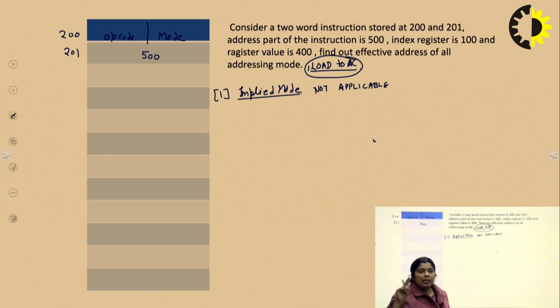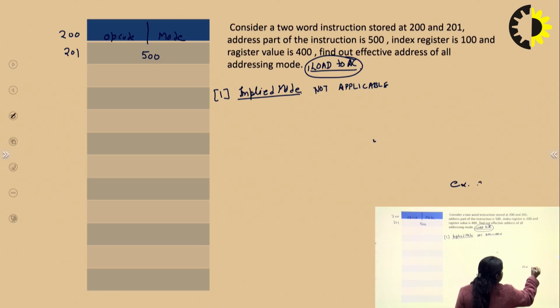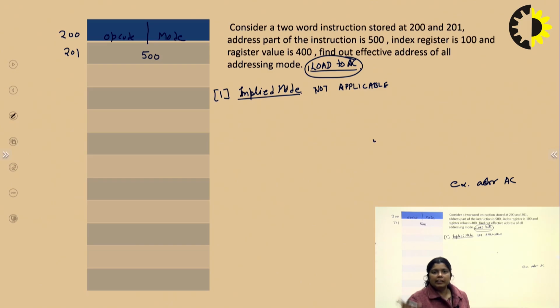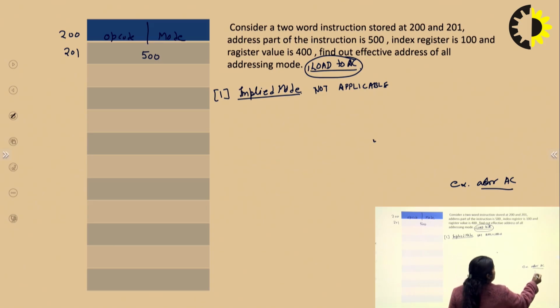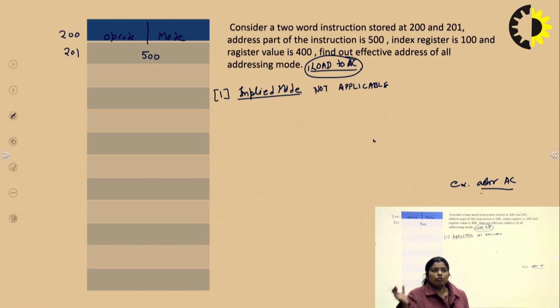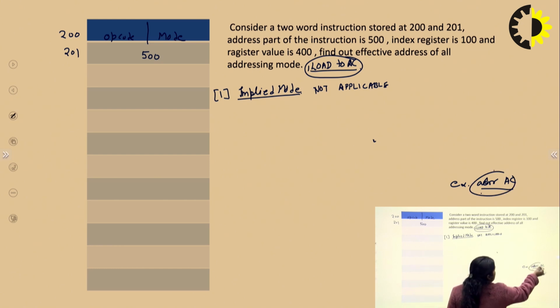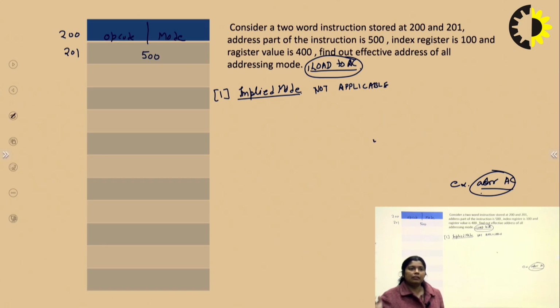It means, if the instruction was ASHR AC, whatever content is stored in the accumulator, you have to arithmetic shift right. In that case, the implied mode is applicable. So depending upon the computer instruction, you have to understand which type of mode is applicable, the implied mode or the immediate mode.